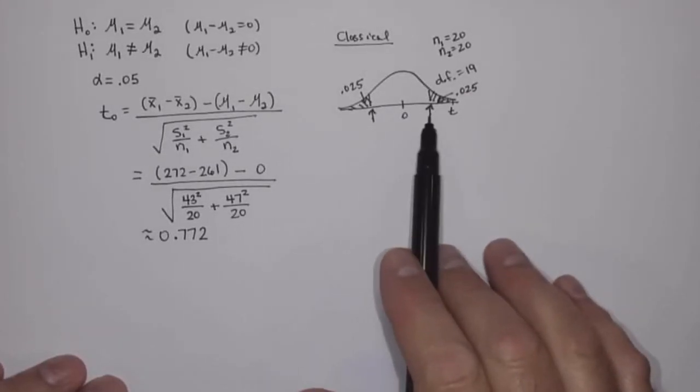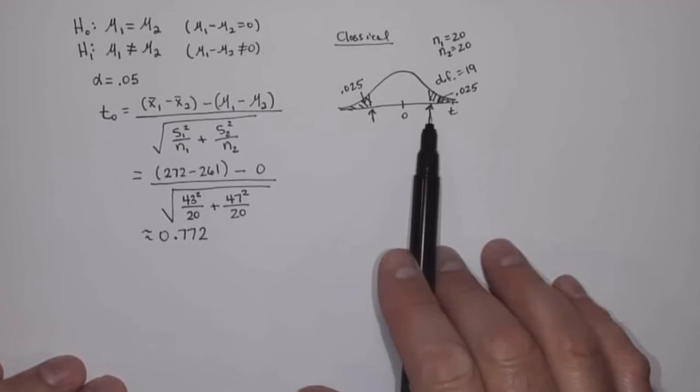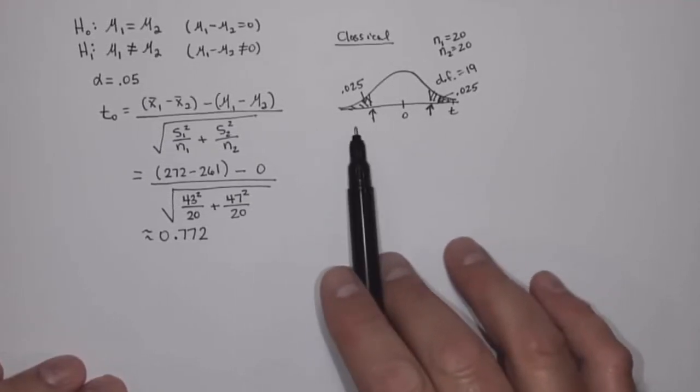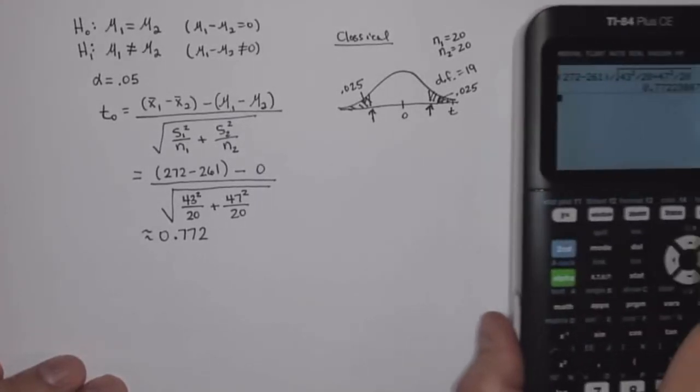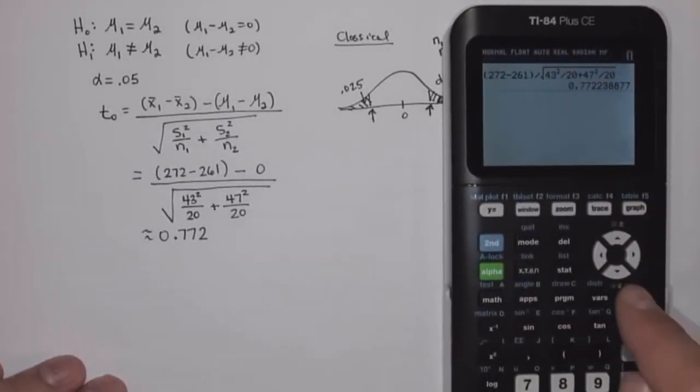Well, we can either use the student's t table from the back of the book, or we can use the inverse t command on our calculators if we have that command available, or we can use the t calculator in StatCrunch. Any one of those three we can use to figure out that critical value. I'm going to use the inverse t command on my calculator.